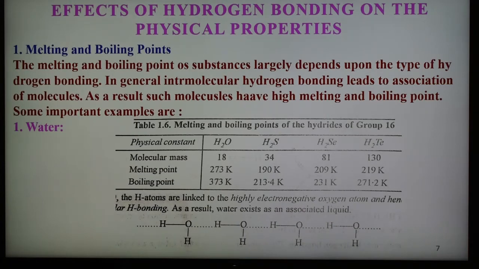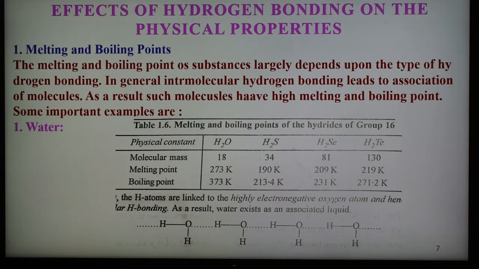In fact, the energy required to boil H2S is so small that it is easily provided by the collision of molecules at room temperature, and H2S exists as a gas at ordinary temperature. On the other hand, the energy needed to boil water is so large that it cannot be provided by the collision of molecules at room temperature, and because of that, water exists as a liquid at ordinary temperature.